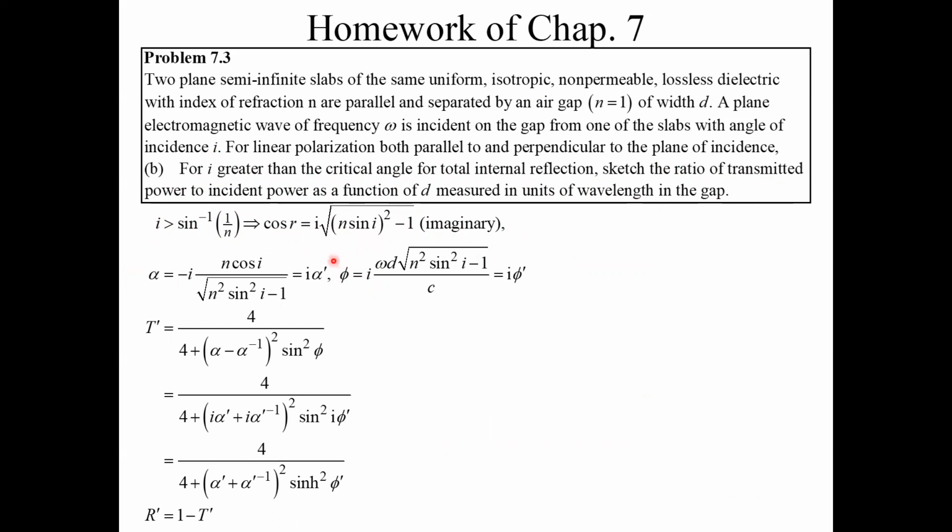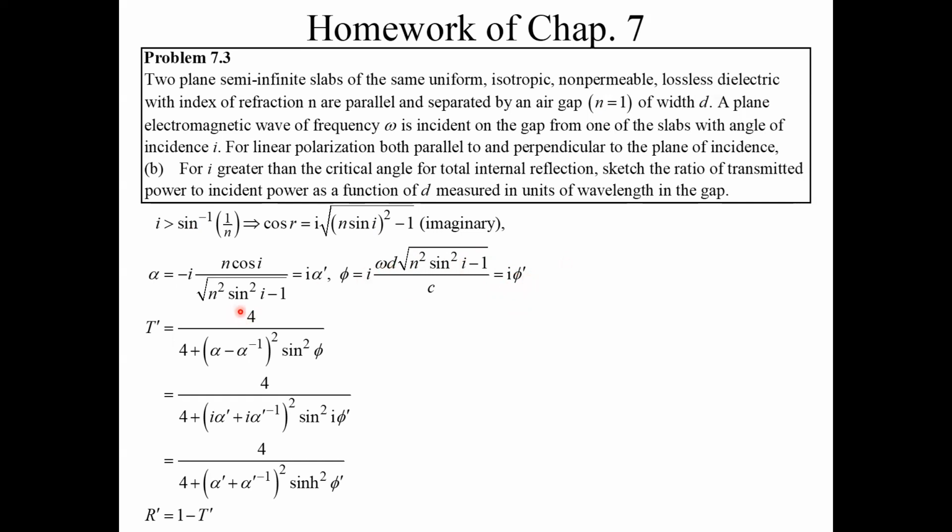change into imaginary numbers. So we define the new alpha here and new phi here for convenience. Our new alpha equals i alpha prime, and our new phi equals i phi prime.